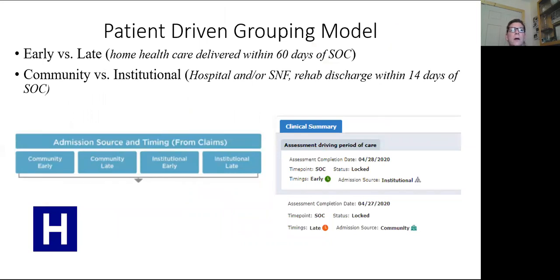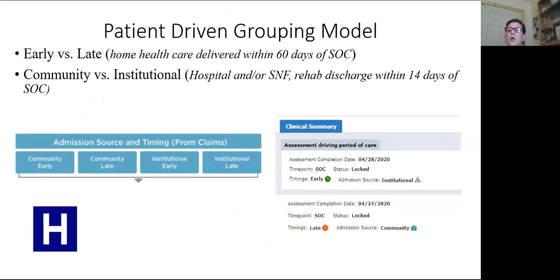Patient-driven grouping model, early versus late, the timing. Early versus late on an OASIS M1100: the first 30-day payment period is considered early if the patient has not been in a home health episode for greater than 60 days when admitted for this episode. The second and all subsequent 30-day payment periods are considered late payment periods.